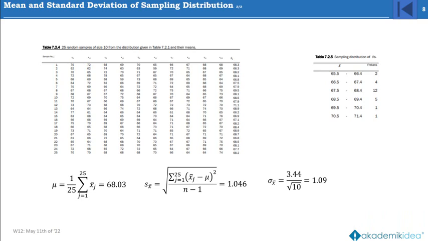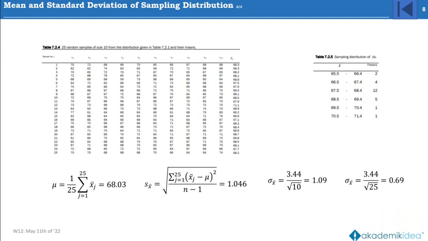Clearly, there is less variation between the 25 means based on samples of size 10 than there is between the 50 means based on samples of size 5. The standard deviations of the corresponding sampling distributions are 1.046 and 1.55 respectively.